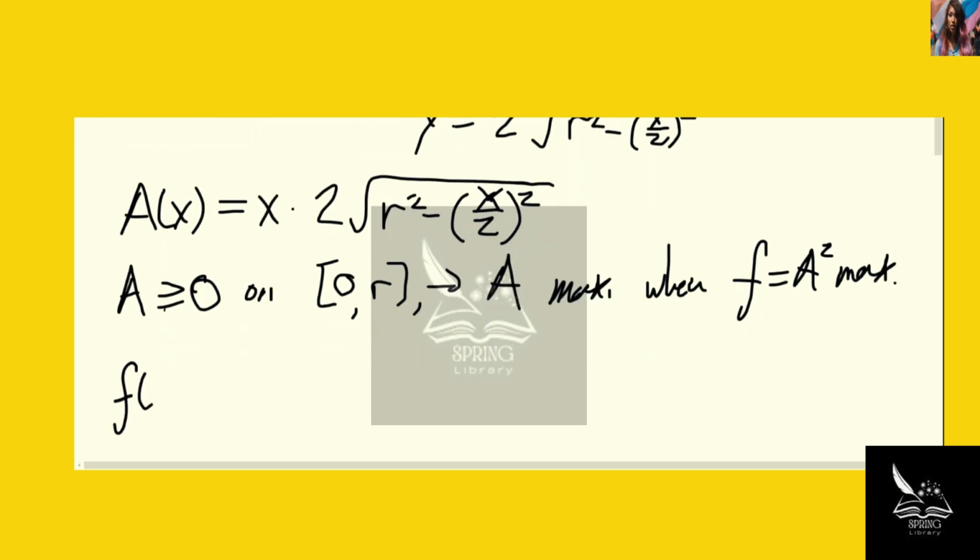Now f of x is equal to 4x squared times (r squared minus (x/2) squared).